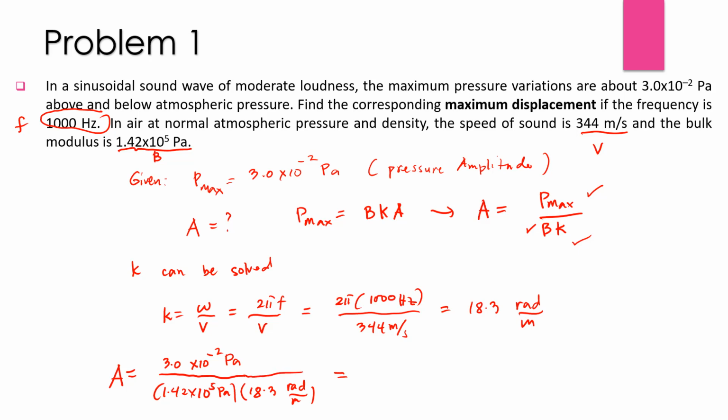So the maximum displacement, or the displacement amplitude, is equal to 1.2 times 10 to the minus 8 meters. This is the maximum displacement when the frequency is around 1000 hertz.